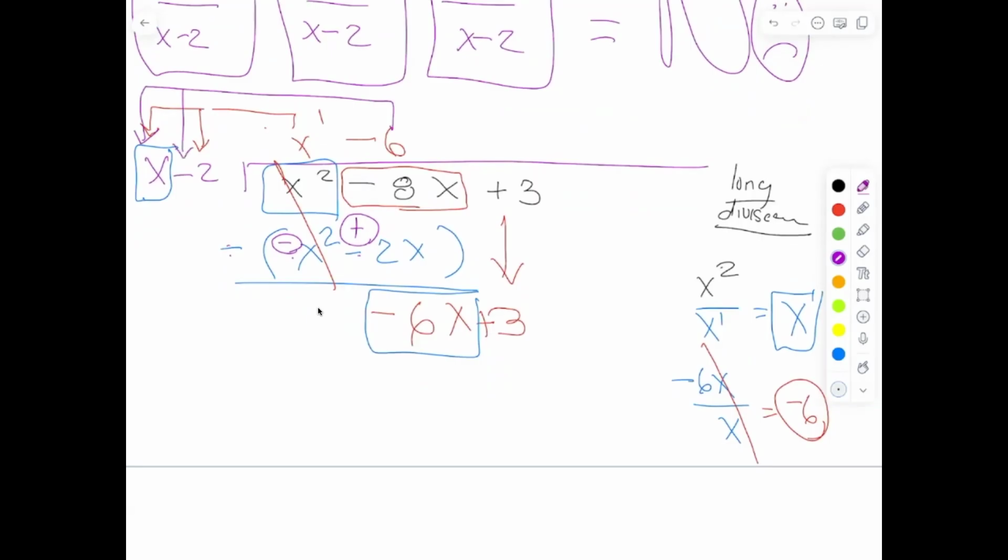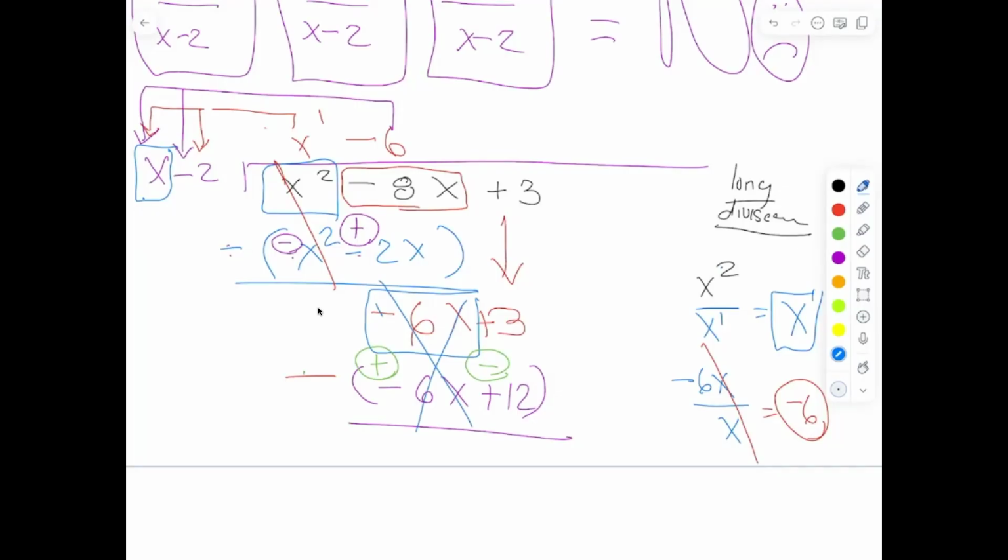What is negative 6 times x? Negative 6x. What is negative 6 times negative 2? 12. Now, I have a negative outside. A negative and a negative is a positive. A negative and a positive is a negative. So what's going to happen here? These are going to go bye-bye. Right?